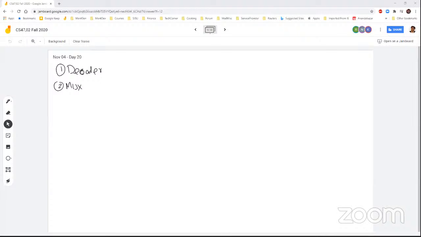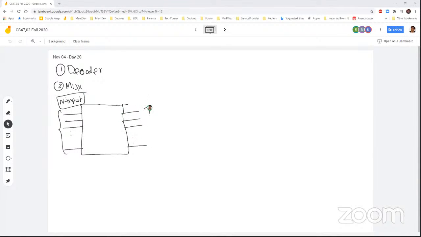So a decoder definition is like we have a digital component which has n inputs and m outputs.